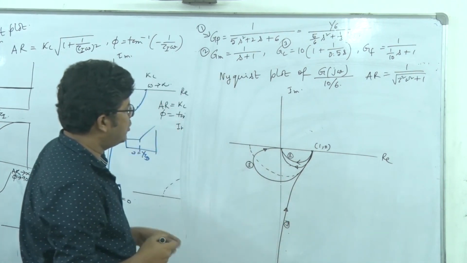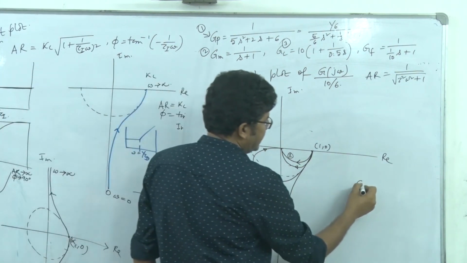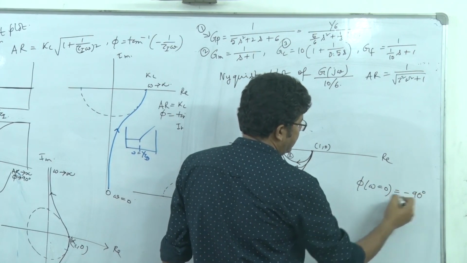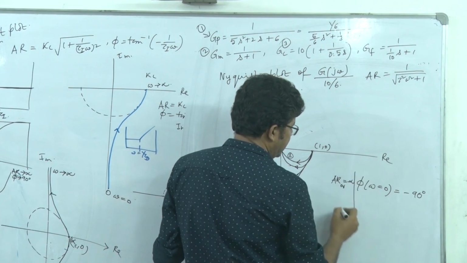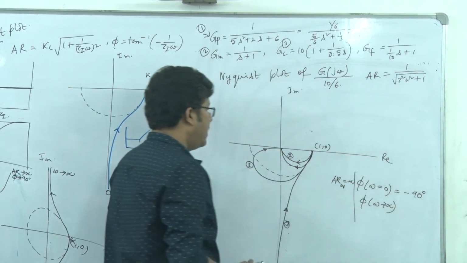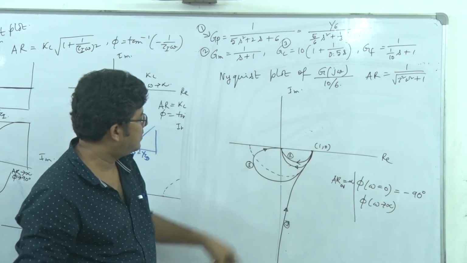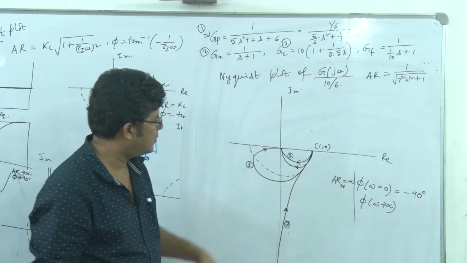So overall, what will be the angle? Overall, the phi at omega equal to 0 is minus 90. Amplitude overall is infinity. Phi when omega tends to infinity, how much will it be? Minus 90, minus 90, this minus 180, and here 0.